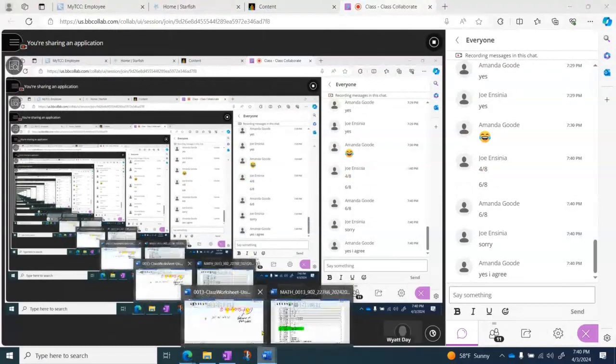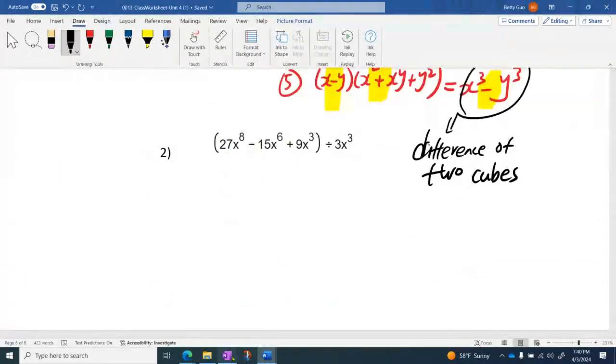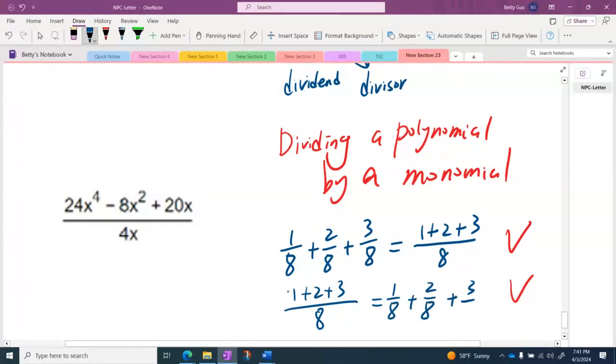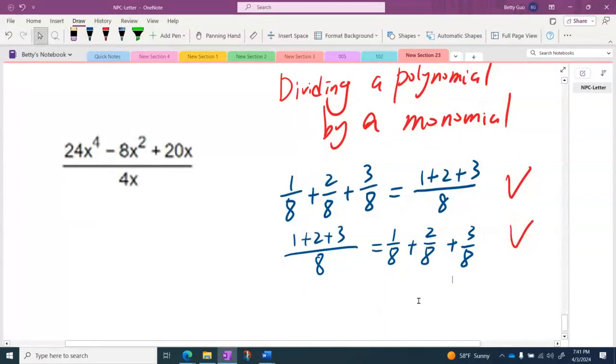Yeah, perfect. So if you agree this is a true statement, you should also agree with this statement: 1 plus 2 plus 3 all over 8 equals 1 over 8 plus 2 over 8 plus 3 over 8. Because they are the same equation, right?